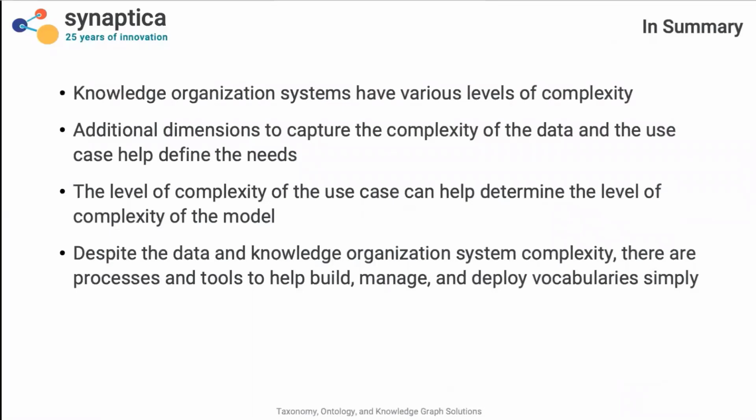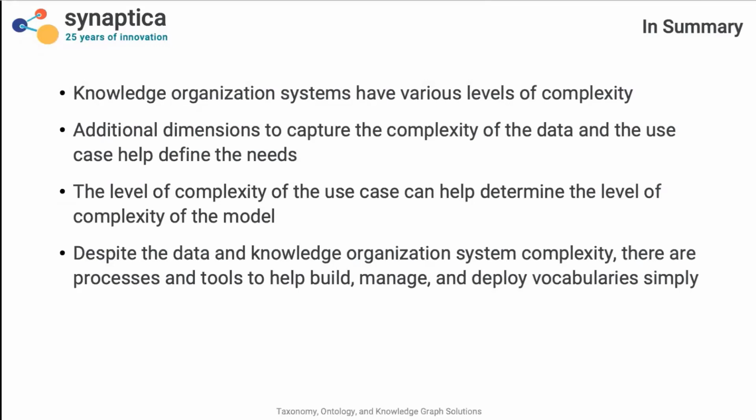So to sum up, the complexity of a knowledge organization project is determined by multiple factors: the data, the knowledge organization system in use, and the level of effort needed to maintain, govern, stand up, and possibly integrate systems in order to accomplish a project. Projects can evolve over time and become more complex and adopt more complex systems as they are extended to meet additional business use cases and other project needs.